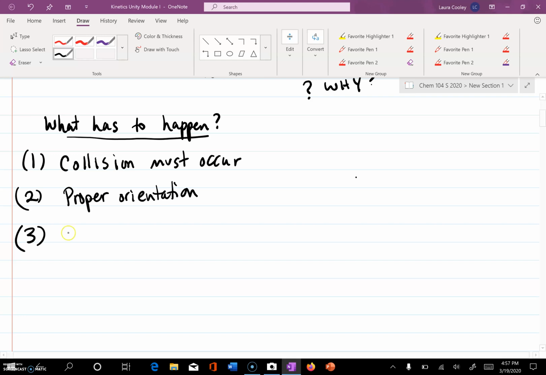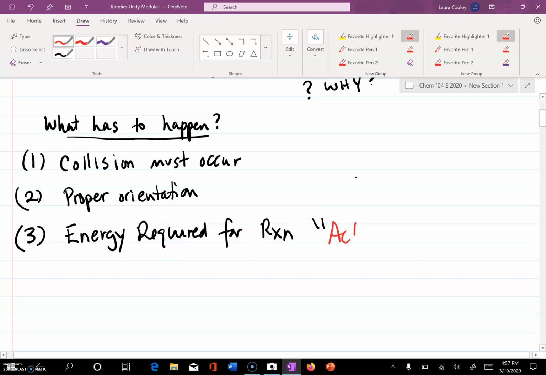And the reason for that is that there's a certain energy that is required for a reaction. And we aptly call this the activation energy.